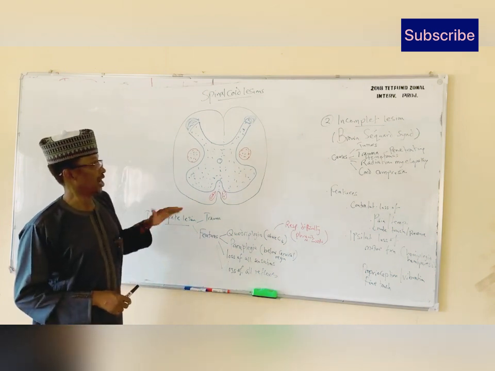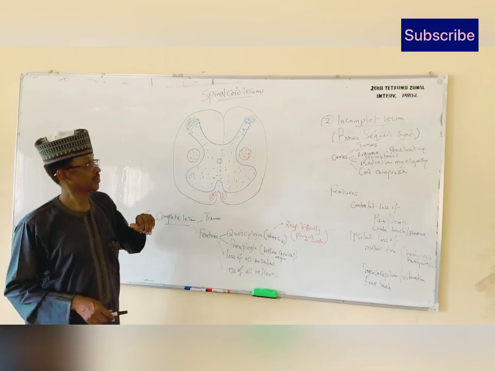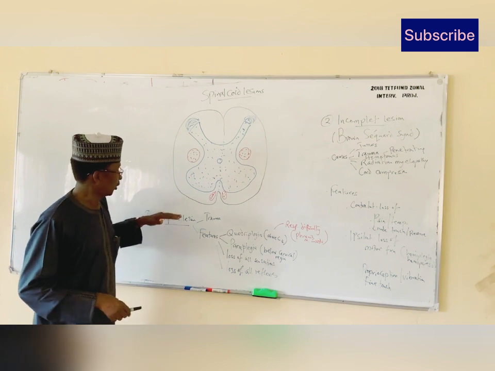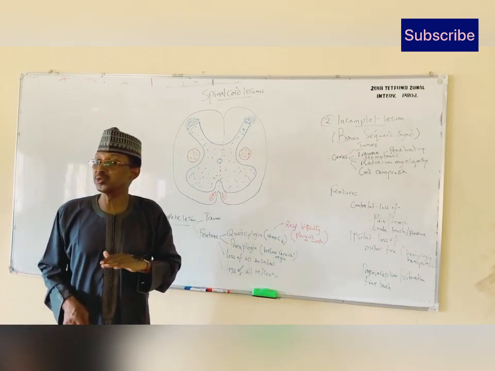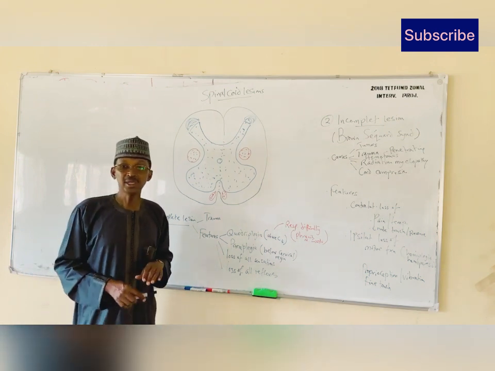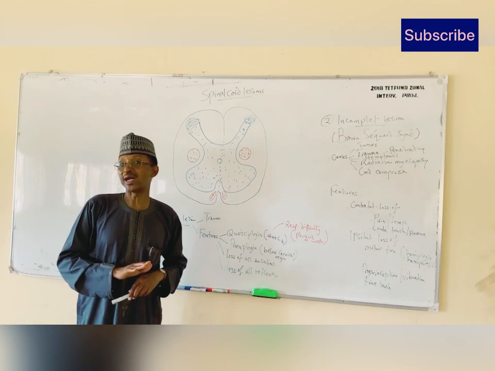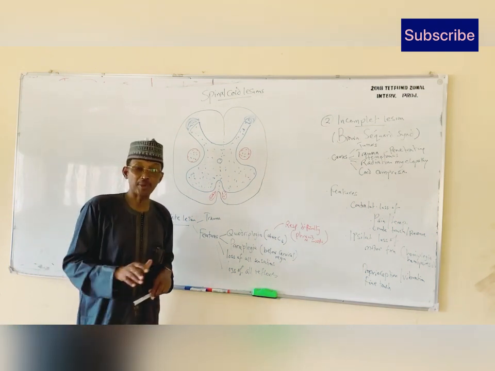So when you talk about spinal cord lesions in terms of complete or incomplete, a complete spinal cord injury or transection means you divide the spinal cord into two parts, upper part and lower part, using a sharp object.